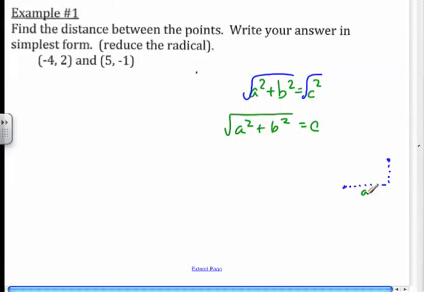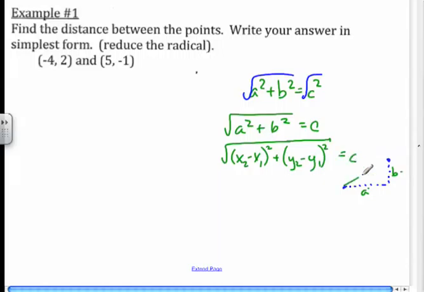To find out what a is, I'm going to take the two x's and subtract one from the other to find the difference between them. So instead of a squared, it's (x2 minus x1) squared plus (y2 minus y1) squared. That's just to find out how long these sides are. I find the difference between the x's and the y's, and that's going to tell me what c equals.